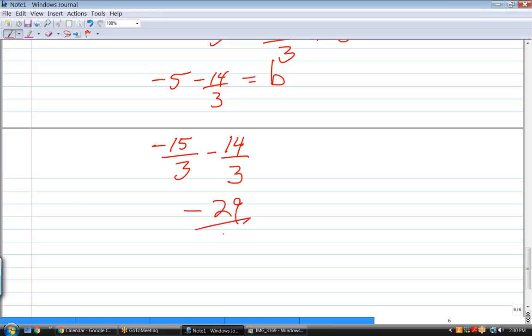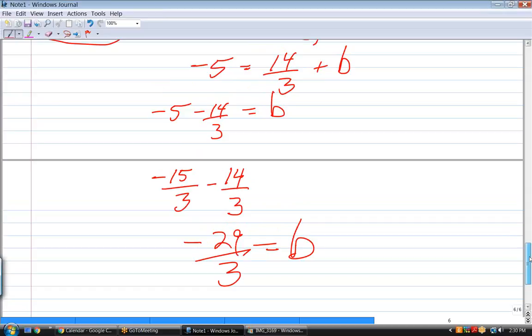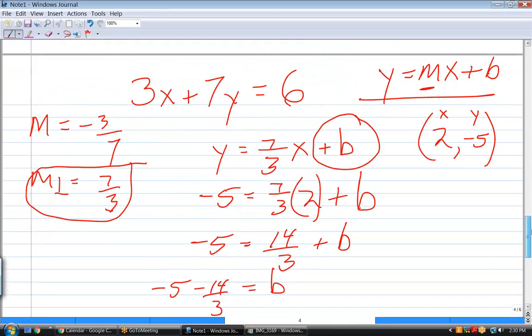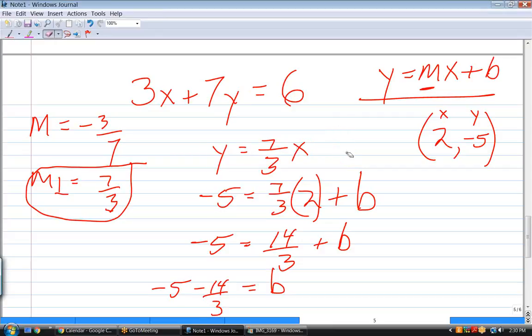And you should leave your answer as that. Don't convert it to a proper fraction. So minus 29 thirds is what b is. So now all I have to do is go back up. Here was the equation of the line that had everything but b. Well, we'll just substitute minus 29 thirds for b, and there's our answer.